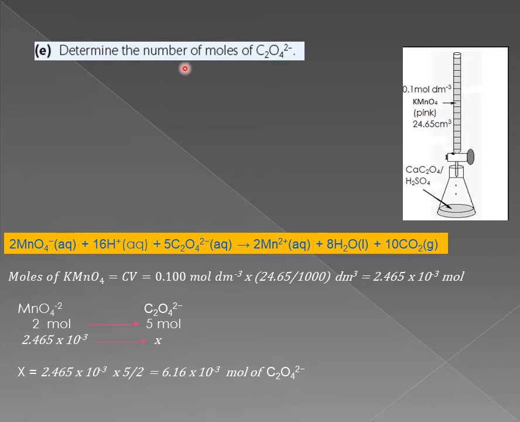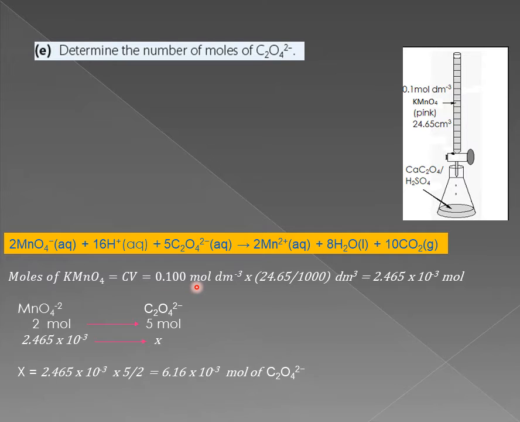Then determine the number of moles of oxalate. So we need to write the equation again. Based on the balanced equation, 2 mole of permanganate reacts with 5 mole of oxalate. So to calculate the number of moles of permanganate first, number of moles equals concentration times volume.